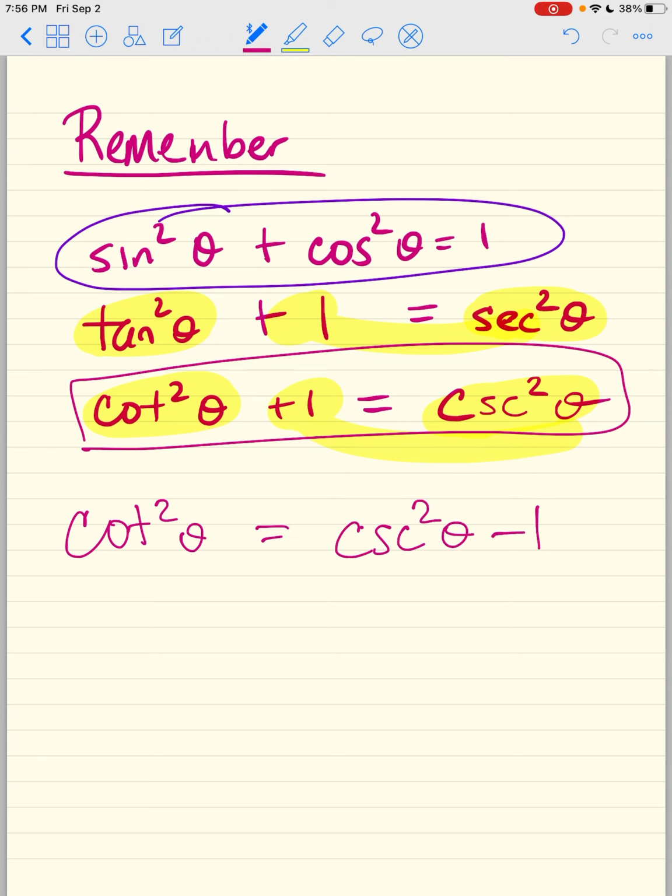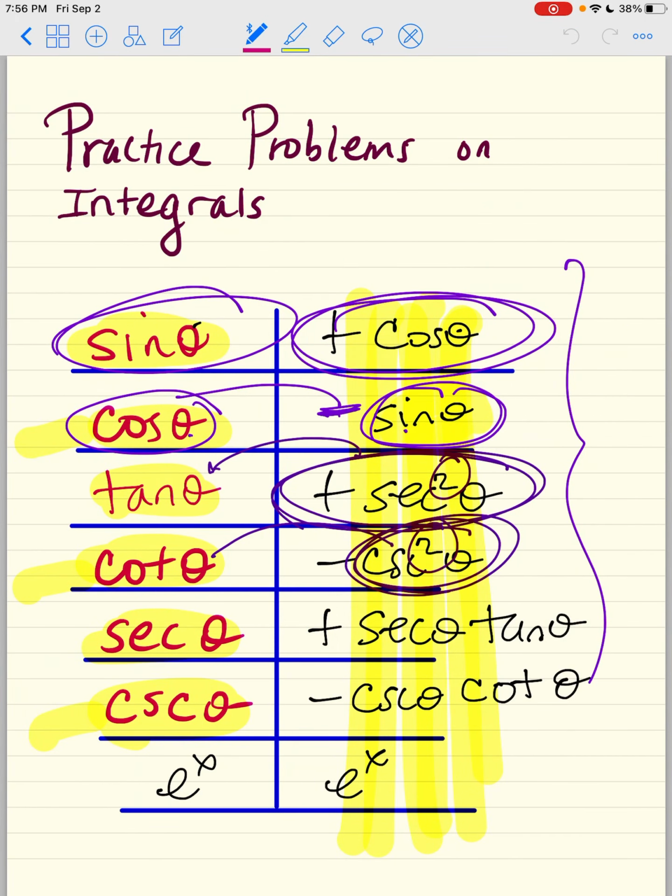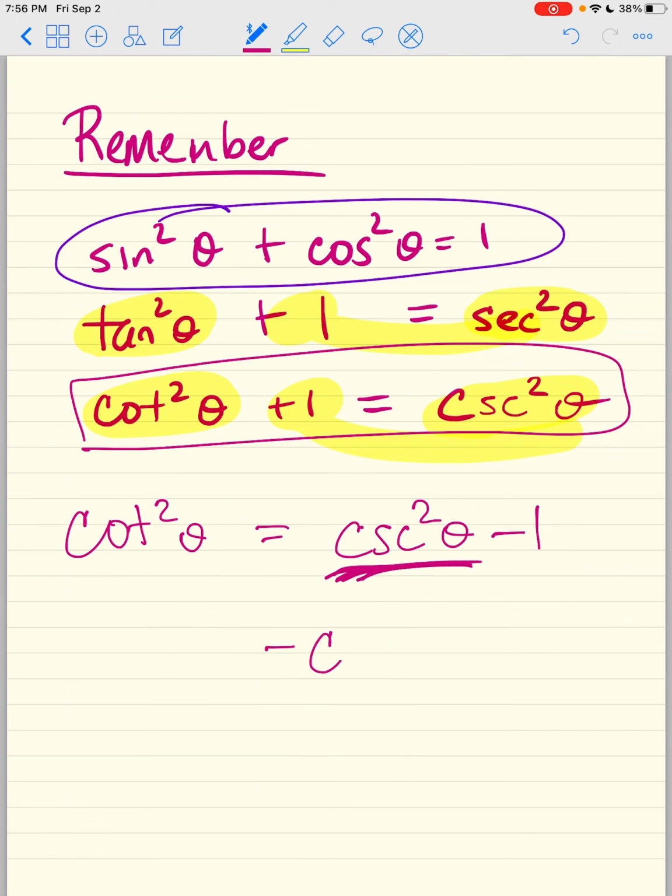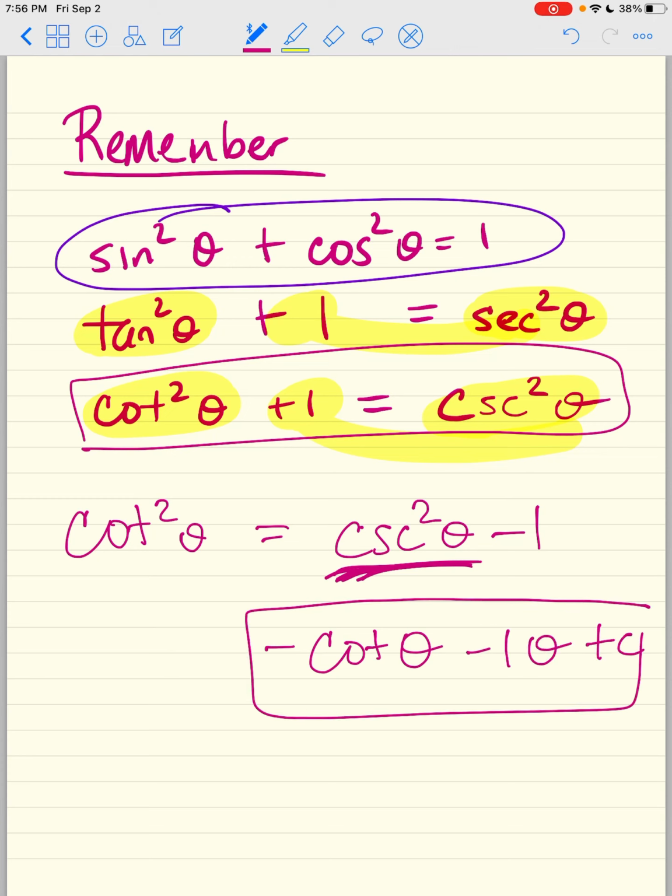Okay, so I'm going to replace that, and then I'm going to say, who gives me cosecant squared theta? Well, cosecant squared theta is this one here. Because I don't have a negative in front, I'm going to have to compensate. So that's negative cotangent theta. And who gives me 1 with respect to theta? 1 theta. So that's your final answer.